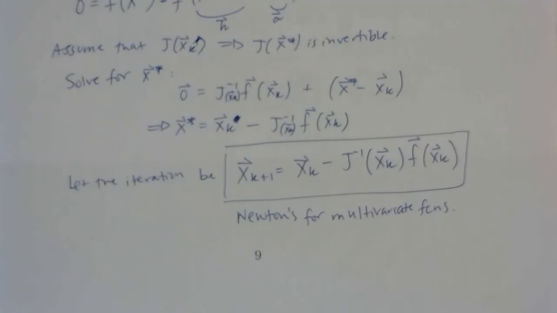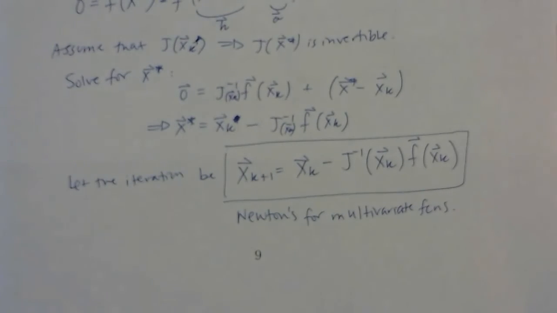Okay, so what that says is very similar to what we did before, right? The Jacobian is the idea of the derivative. Before we had x_{k+1} is equal to x_k minus f of x over f prime. So now my J to the negative 1 here is like dividing by the derivative. And so the assumption that J is invertible is like saying, assume that the derivative was non-zero.